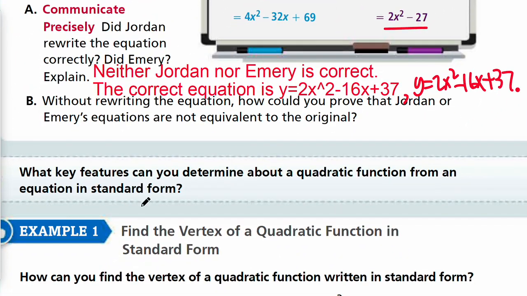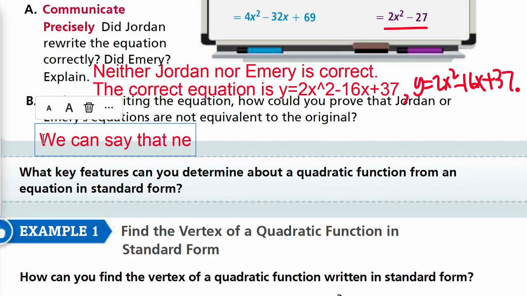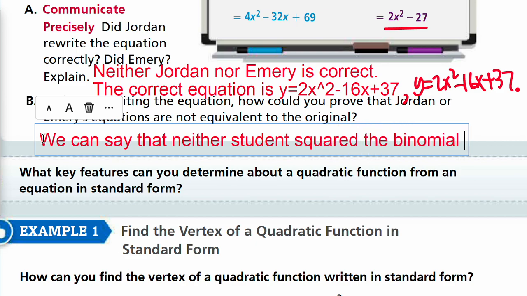So we already know by looking at their second steps. Let's write that down. We can say that neither student squared the binomial correctly.